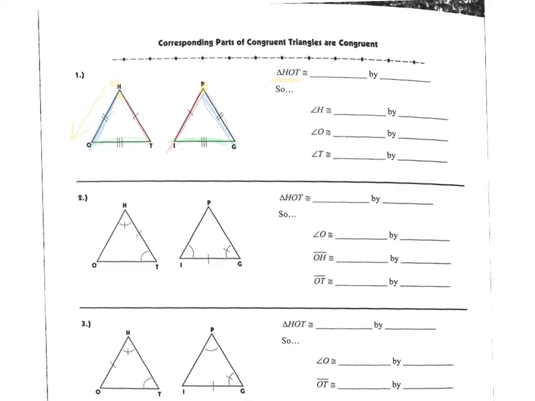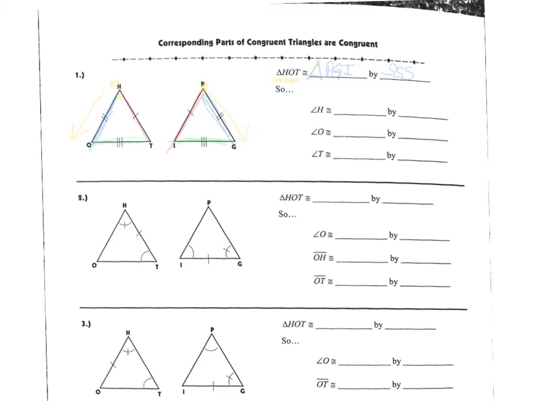But then we need to make sure that we go along this side here that matches up the correspondence. So the triangle that it would be congruent to is triangle PGI. And that would be by side, side, side.